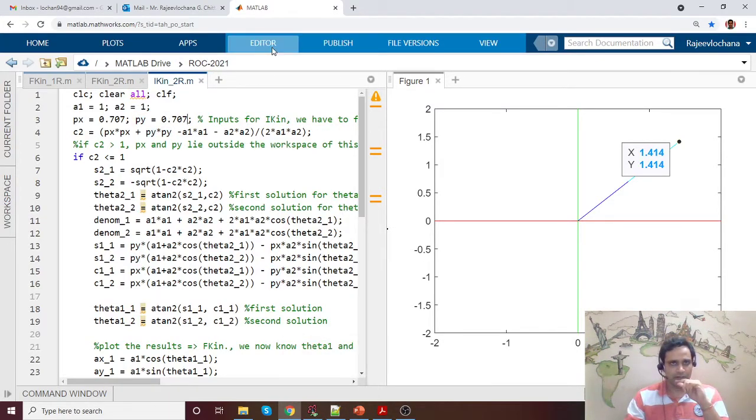Save and run it. So it should. Okay, so there is a potential problem here. I know where the problem could be.